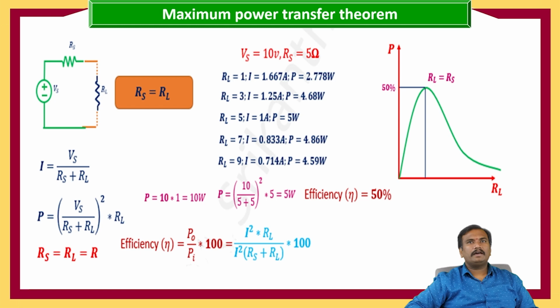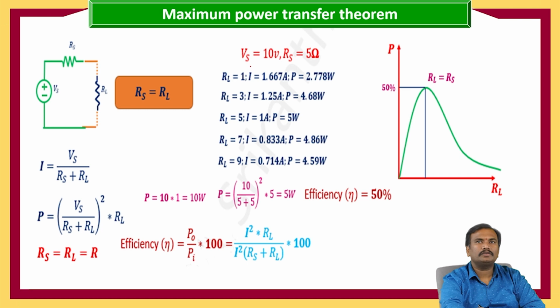Now let us go with an example. Here, let us take different values of load resistance, see how we get the power, see what the efficiency is, and how we get the characteristics between power versus load resistance.